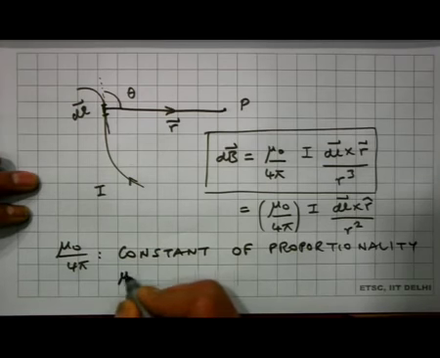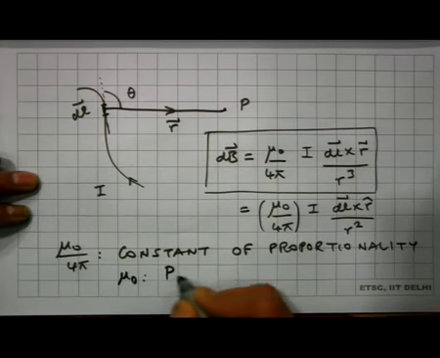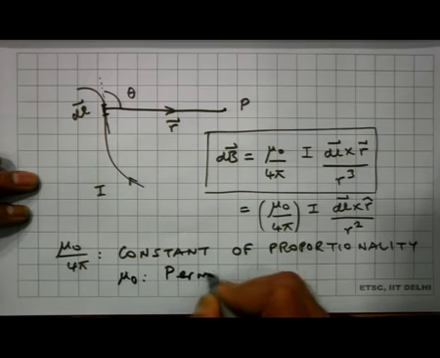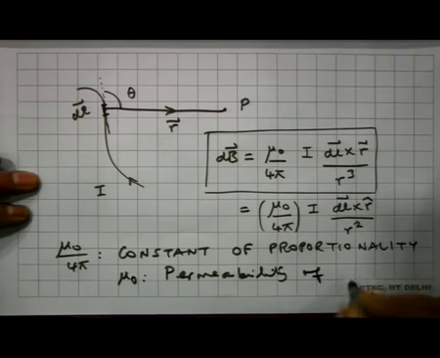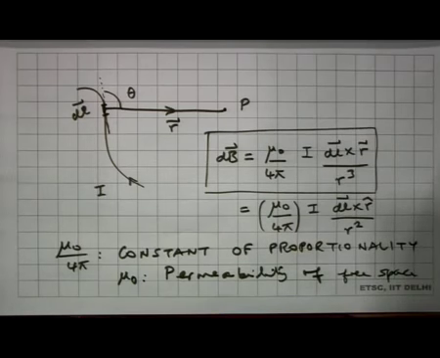And mu 0 is called permeability of free space. We had introduced epsilon 0 in electrostatics, permittivity of free space.